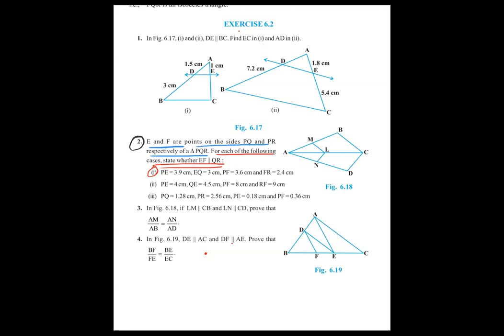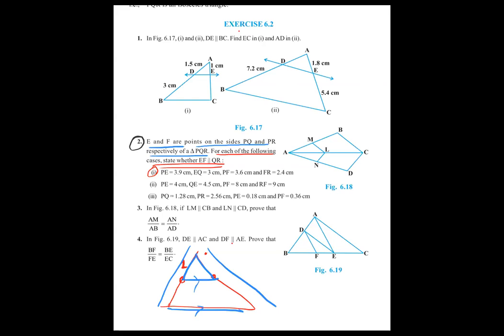You can use the corollary also. So what is the corollary? I'm not drawing the diagram, I'm just telling you. Suppose we have this one now. If the top one upon the total and this upon total are equal, then you can say that this line is parallel to this line.